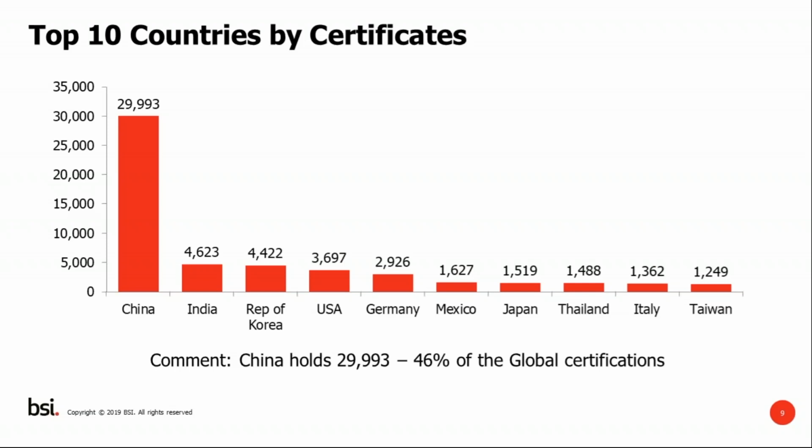And then you'll see India, Republic of Korea, USA, Germany, Mexico, Japan, Thailand, Italy, and Taiwan. So 6 of the top 10 countries in terms of certificates are Asia Pacific. Interestingly, if we went back about a year ago, India would have been probably the 4th largest country in terms of certificates, and now they're the 2nd largest.